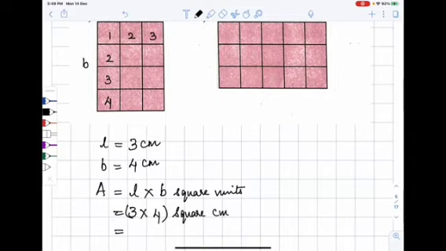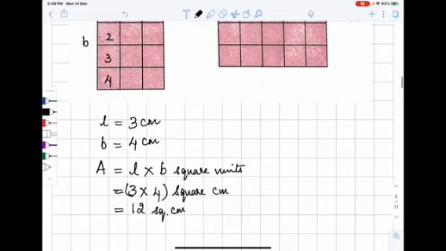So we can write it as 3 into 4 is 12 SQ centimeters. This is how we write, children. So the answer is A is equal to 12 square centimeters. So this is for the first problem.